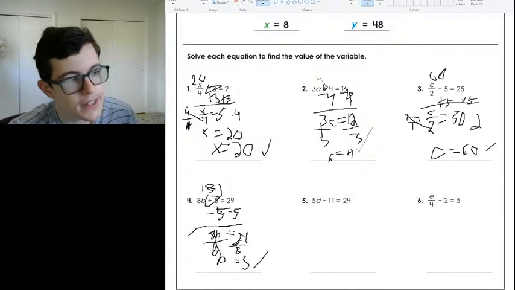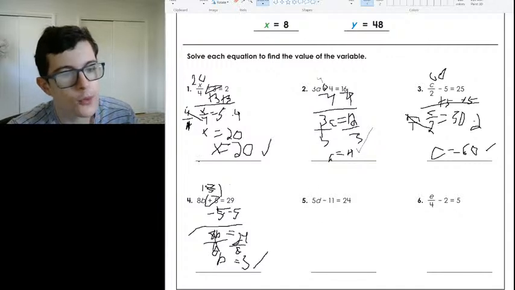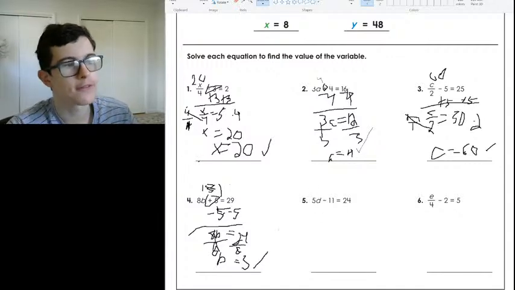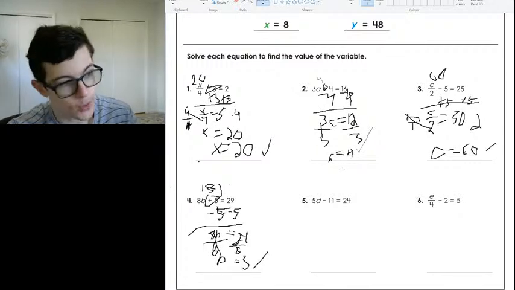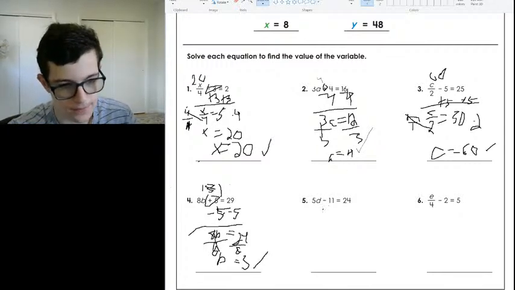So now that we've made it to 19 minutes and 40 seconds, I'll move on to the next problem here. So problem number 5. First we want to do our inverse operation of addition. So first we're going to add 11 to both sides to get 35 on one side of our equation.